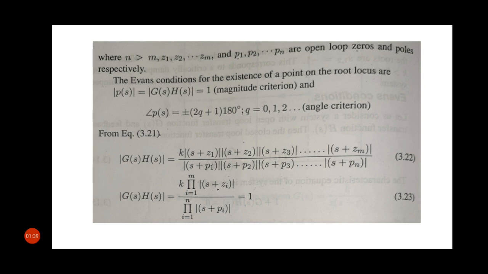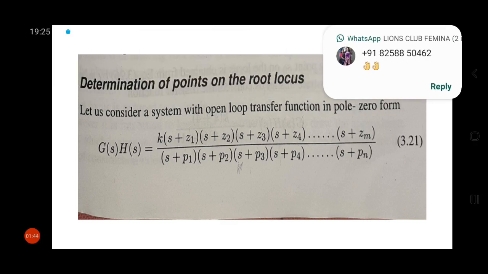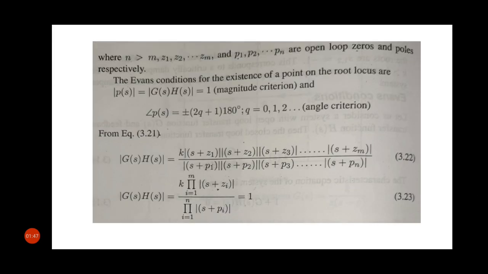Now from equation number 3.21, we can write modulus of G(s)H(s) equal to K times modulus of (s+z1) times modulus of (s+z2) times modulus of (s+z3) up to modulus of (s+zm), divided by modulus of (s+p1), modulus of (s+p2), modulus of (s+p3) up to modulus of (s+pn). This is equation 3.22.